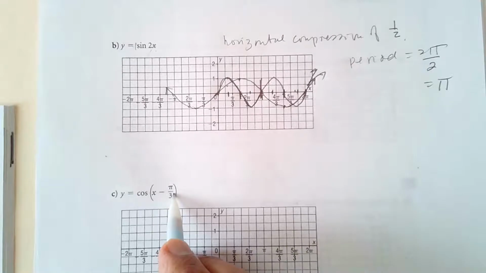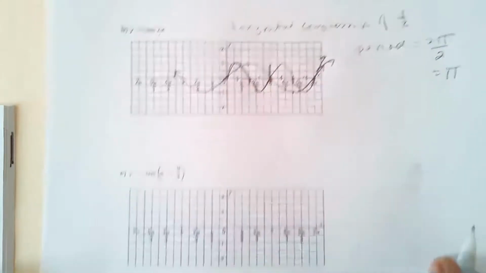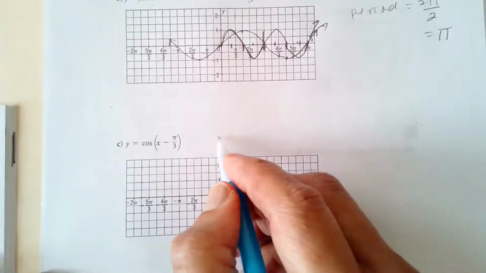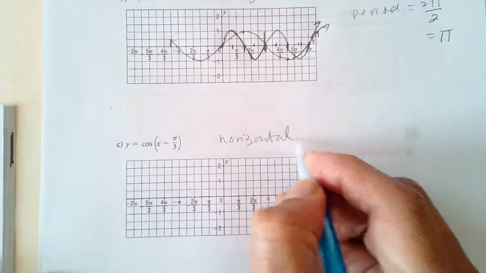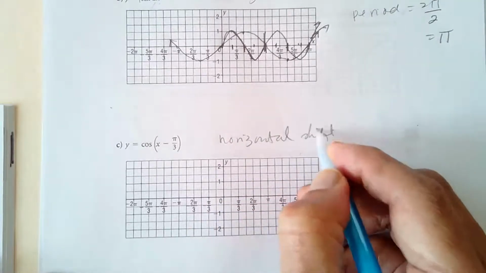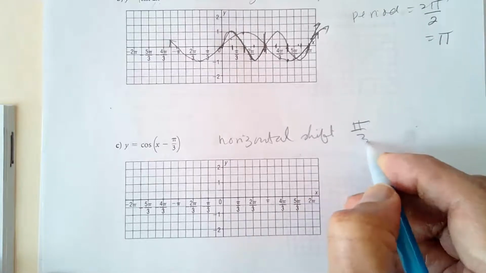Now this one here is a cos. It will be a horizontal shift. Horizontal shift pi over 3 units to the right.